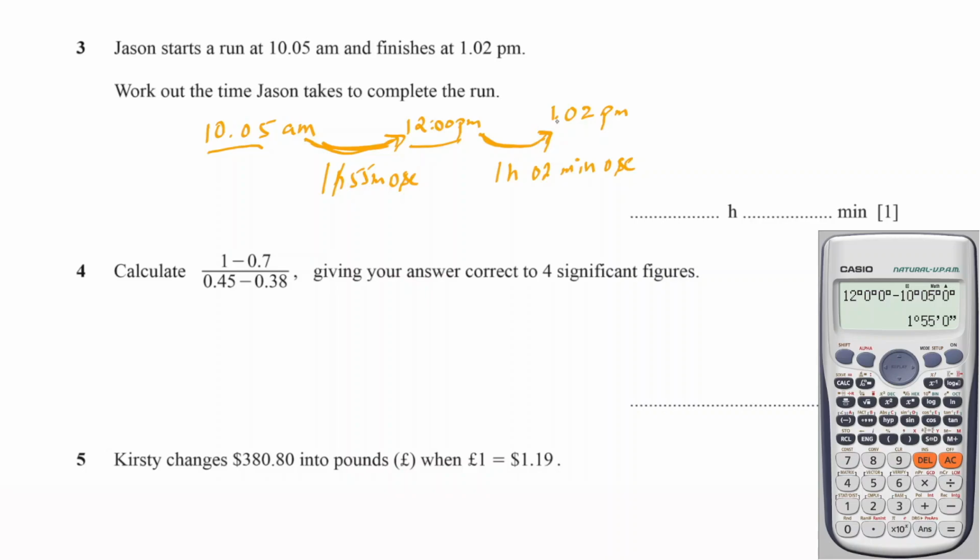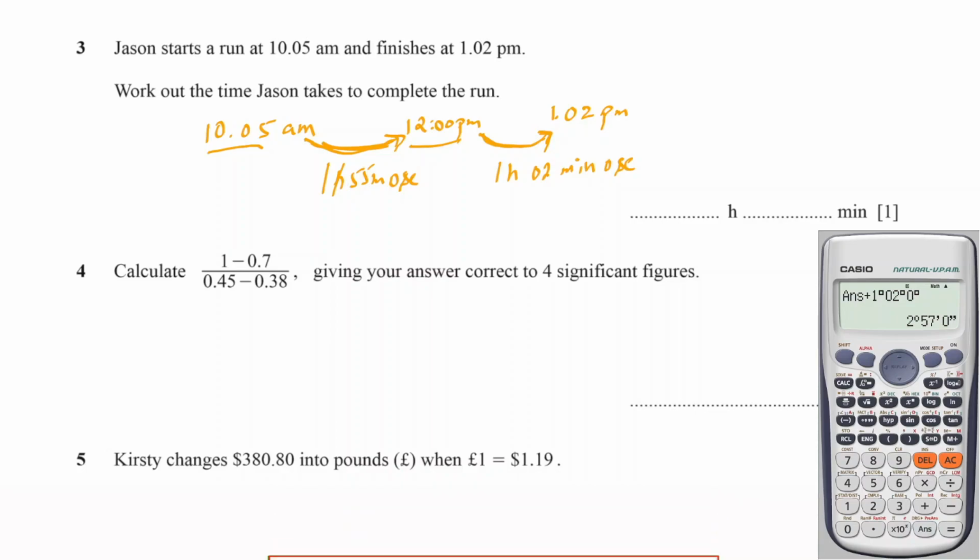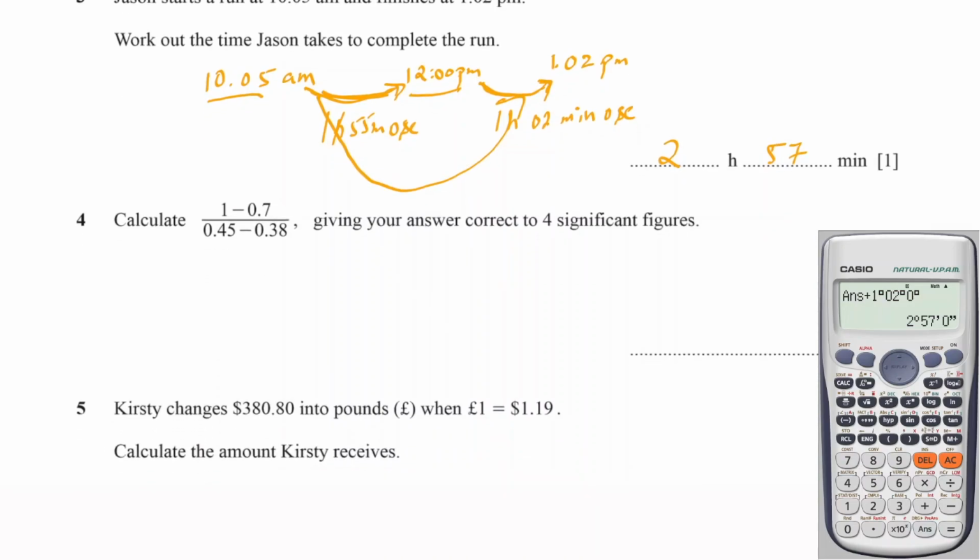So let's add this 1 hour 55 minutes and 0 second with the time after 12 p.m., that is 1 hour and 02 minutes and 0 second. So we get 2 hours and 57 minutes and 0 second. This will be the total time, that is 2 hours and 57 minutes. So this is how we have to use our calculator to perform this.